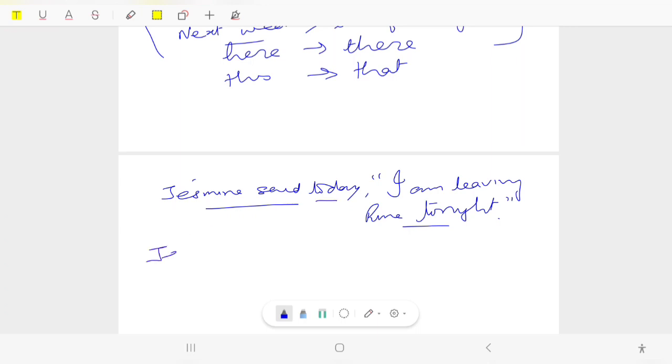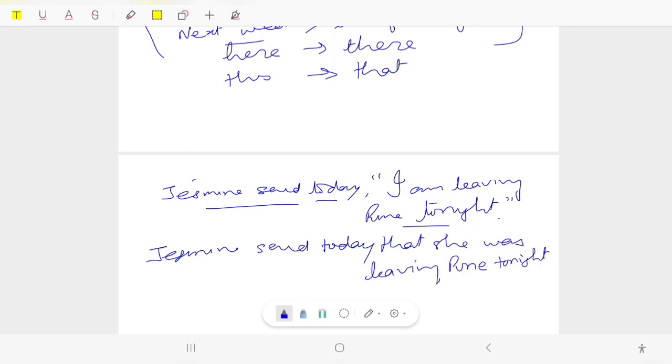Have a look at this answer. Jasmine said will remain said only. The reason is that there is no 'to' after this, or there is no object in this part. So said will not change into told. It will remain said only.